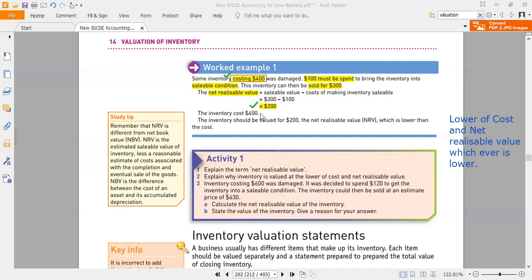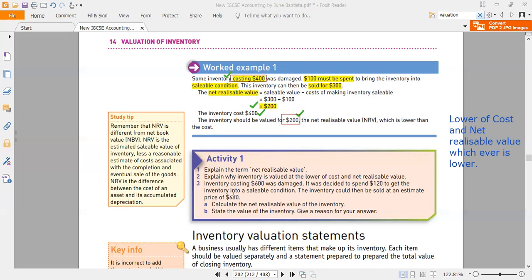So inventory cost is 400 and the inventory value is 200 net realizable value. So is 400 less or 200 less? 200 is less. You see the value which is lower than the cost, so you have to record 200 instead of recording 400. Okay. Up to here, any problem? No.